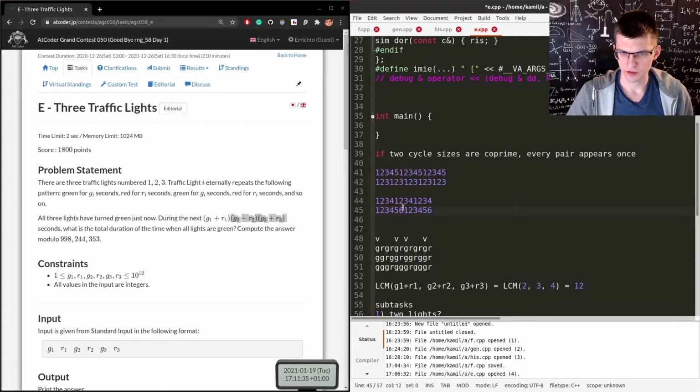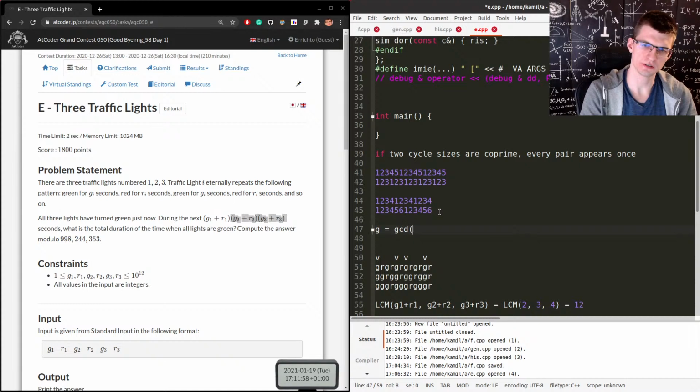What's going on here? 1 is only next to 1 and next to 3. Oh, and I didn't get a cycle. Didn't I? No, I did. And it's next to 5. So 1 is paired with everything that matches modulo GCD.